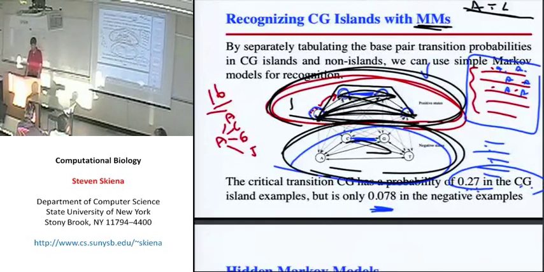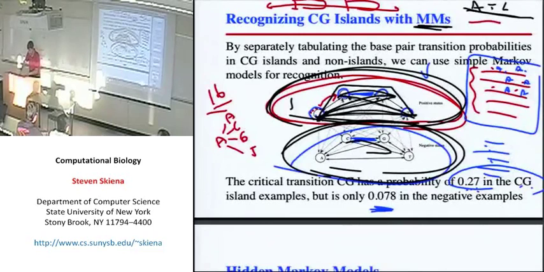The entire sequence will be a mix of these two, right? So the concern is, what happens if my sequence is a mix of these two? Does everybody see that this is a problem? Now, if I give you a sequence, it's one thing if it either is a CG island or a non-CG island. Then I would expect this method to be able to tell, right? If, on the other hand, it's a mix of CG islands and non-CG islands, what would I expect?